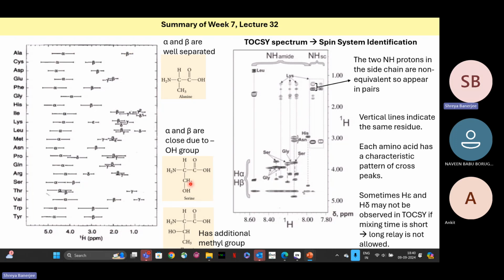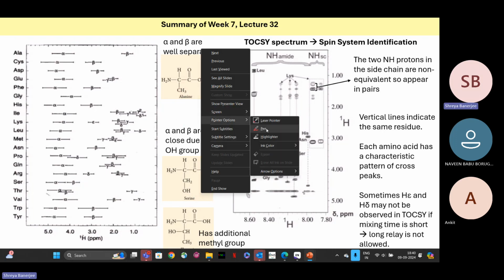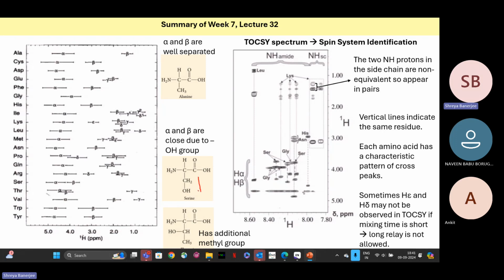But if you go to something like serine, serine is basically alanine, but to the CH3 group, one OH is attached. Now OH will have an electron withdrawing effect. So the CH2 will get a delta plus charge. So in serine, you can see the beta. Beta in alanine was here.